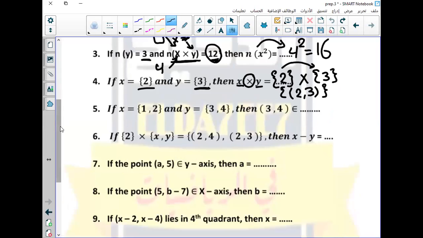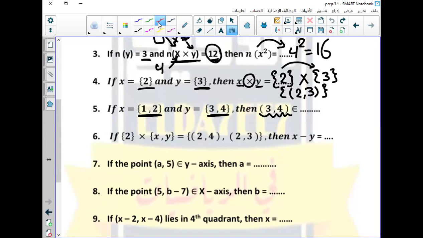Number 5: x equals 1 and 2 and y equals 3 and 4, then 3 with 4 belongs to what? 3 and 4 belong to... no, not x again.